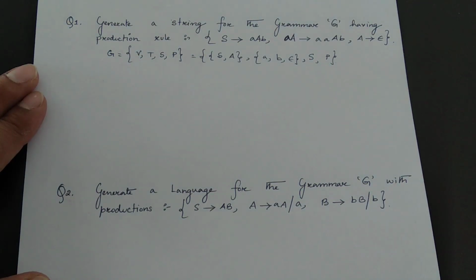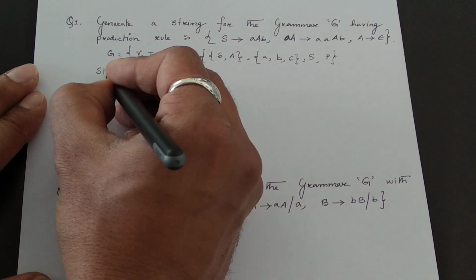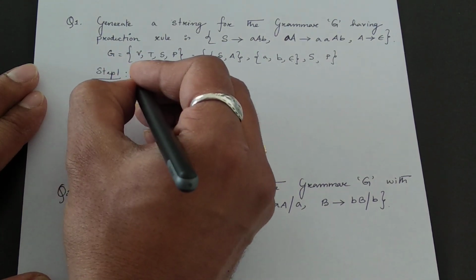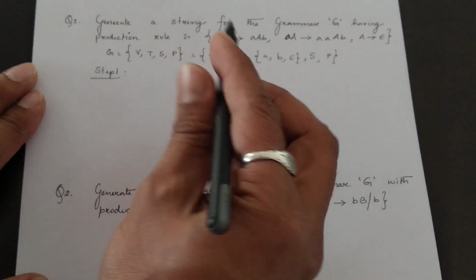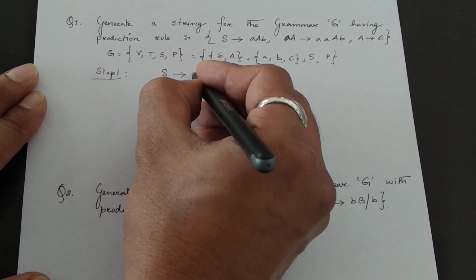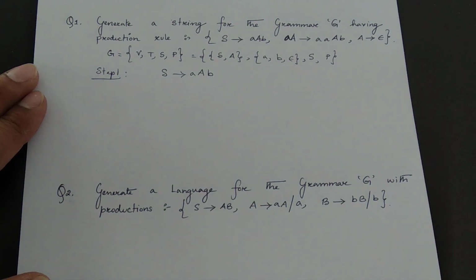Now I have to generate a particular string. Step one: you have to take the first production, starting with the start symbol. So S tends to AAB. S tends to AAB, correct? Now my motive is to generate the particular string, that means a collection of terminal symbols.